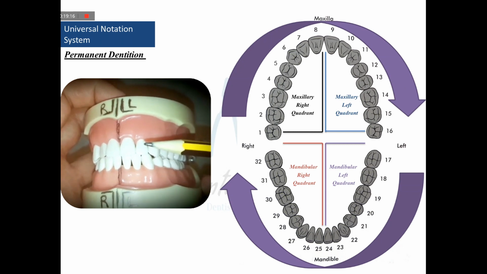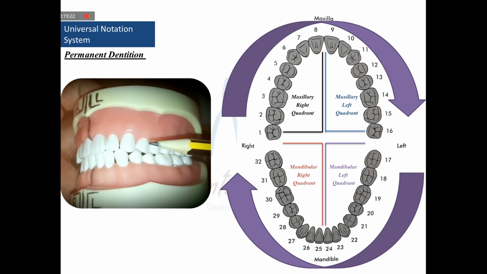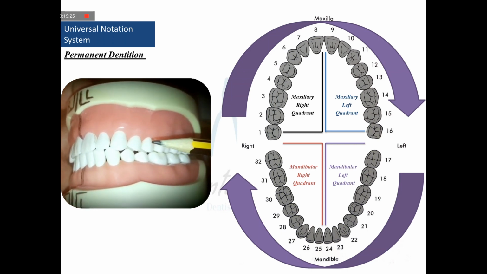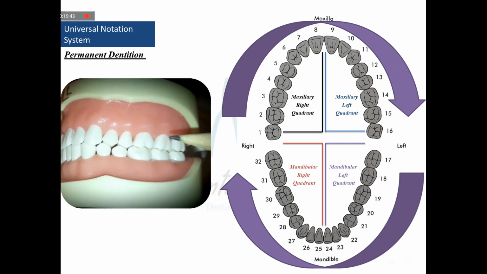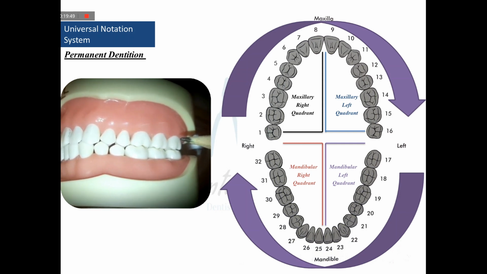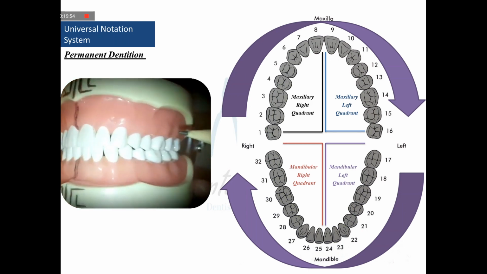Then we count the canine as number 11, the first premolar as 12, the second premolar as tooth number 13, the first permanent molar after the second premolar as tooth number 14, the second permanent molar as tooth number 15, and the third molar on the left hand side as 16. So we counted all the teeth from tooth number 1 to 16 in the maxillary arch.